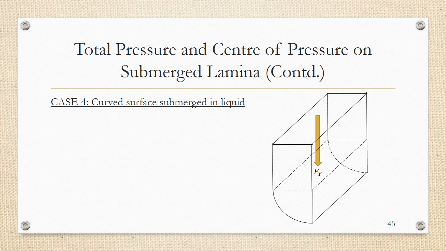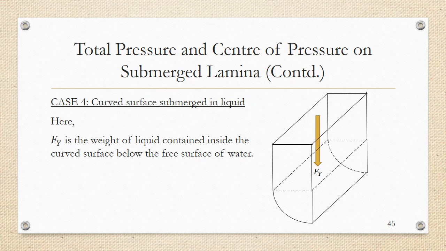To determine fy, the vertical component of the resultant force acting on the curved surface, Fy can be calculated as the weight of the liquid contained inside the curved surface below the free surface of water. Suppose this is the free surface of water, then the weight of all the water below the free surface contained above the curved surface will be equal to Fy. So if I want to calculate Fy, I am going to calculate this volume, let this be V1.